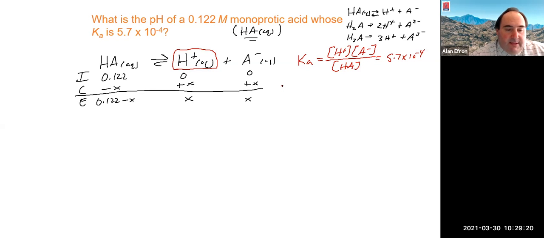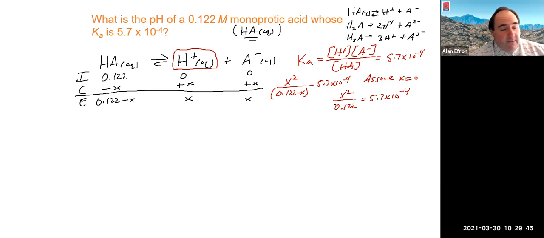Putting our numbers in there, that's going to give us x squared up on top, 0.122 minus x on the bottom, equals 5.7 times 10 to the minus 4. Here we could assume x is equal to 0. That gets us x squared over 0.122 is equal to 5.7 times 10 to the minus 4. Finding my calculator, what did I do with that thing? There it is.